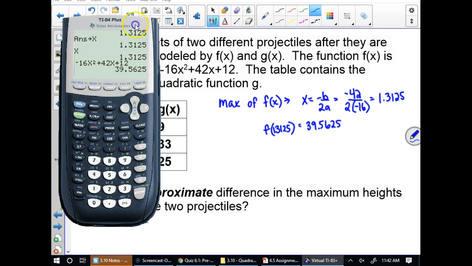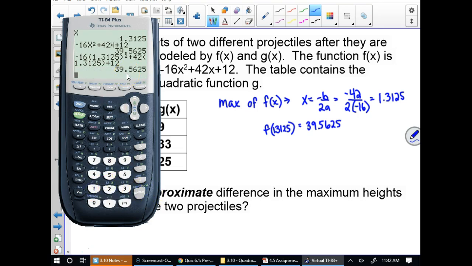Okay. Now you don't have to do that. You can type this in, negative 16 times 1.3125 squared plus 42 times 1.3125 plus 12, and you get the same number.